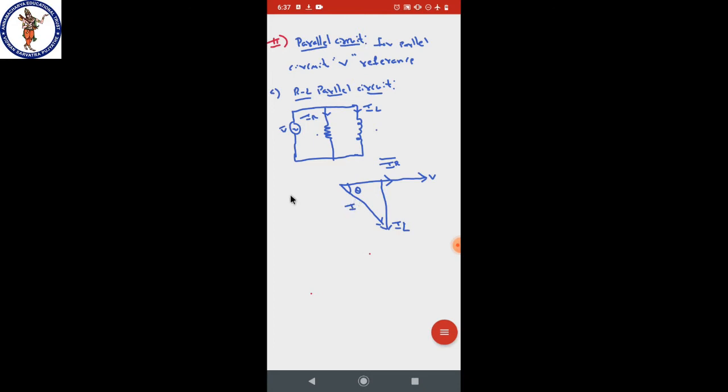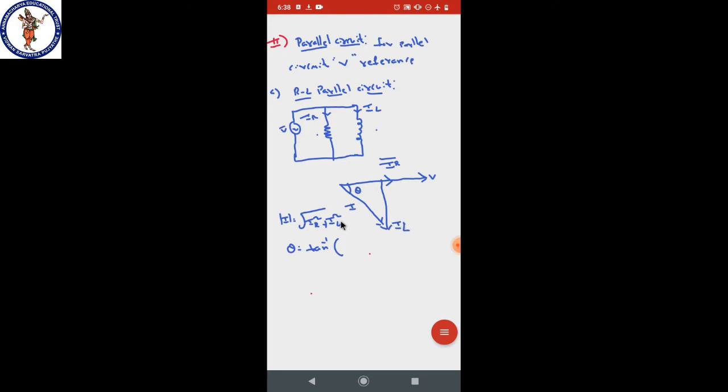Now what will we get? The magnitude of total current I: looking at this triangle, capital I equals the square root of IR squared plus IL squared. What is the angle? Theta equals tan inverse of imaginary part by real part.